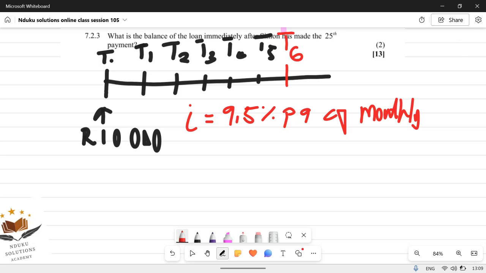So it's the same as saying 0,095, but we're going to divide this by 12. Let's just say our I is 0,095.